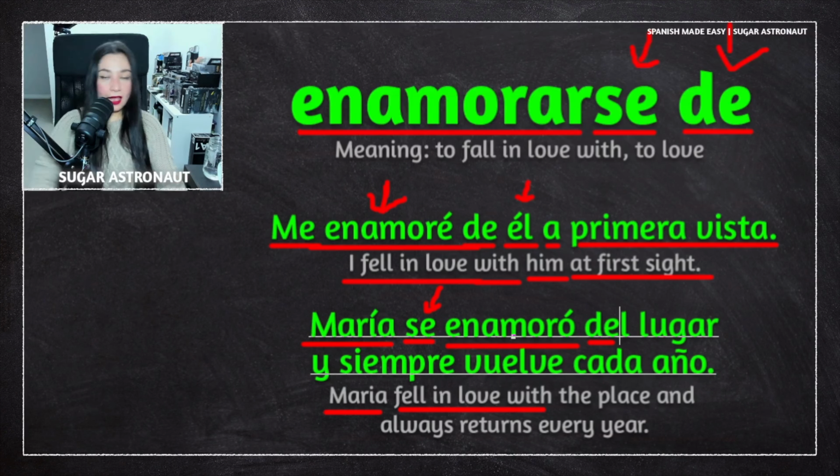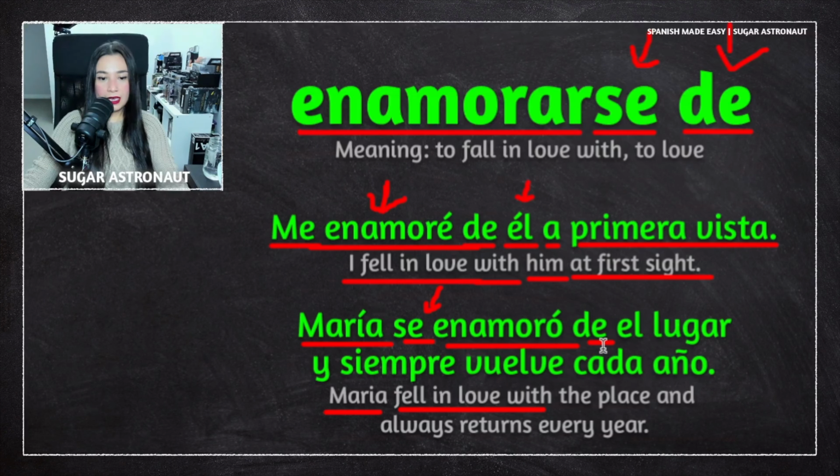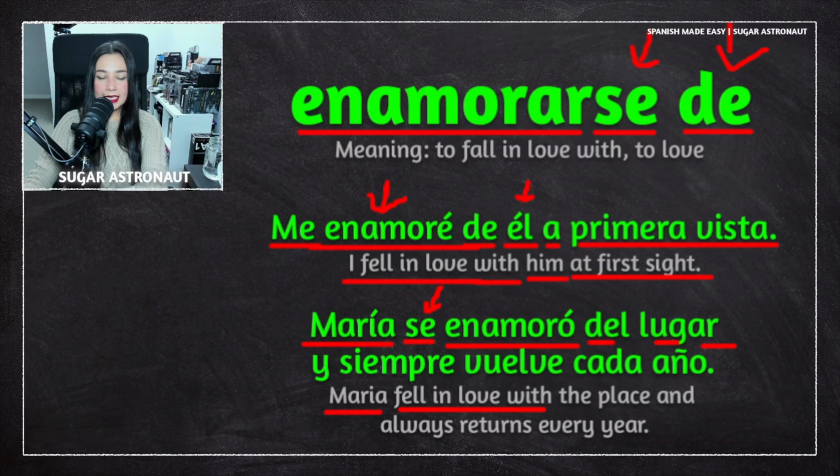We have del, we don't have de él, because el, as I said before, is a definite article, masculine, singular. And why do we have it there? Because lugar is a masculine noun. El lugar, it's masculine. So that's why we have el. But in Spanish, when you have that, you remove one e and make it one word, and you get del. María se enamoró del lugar.